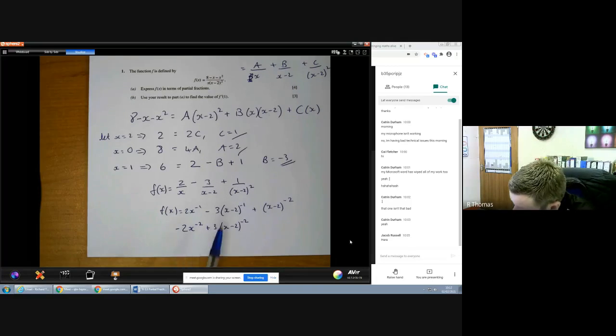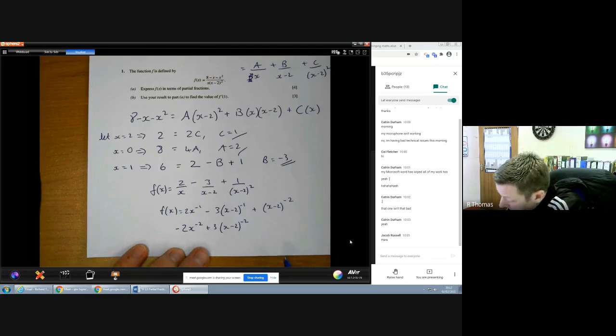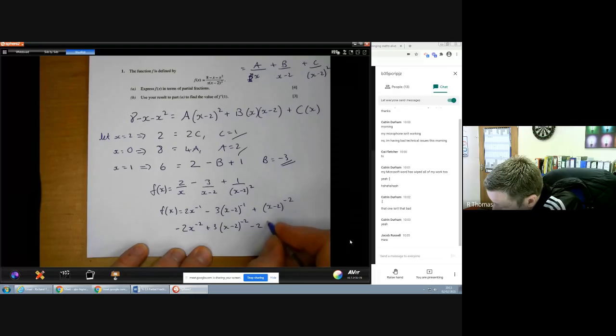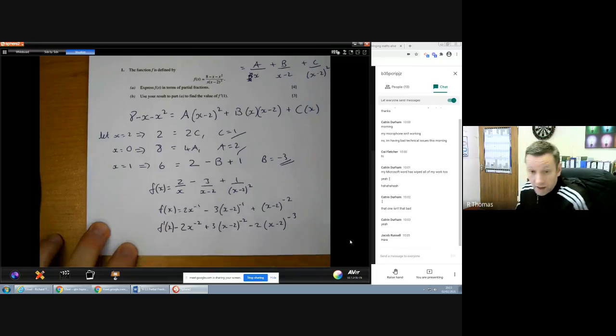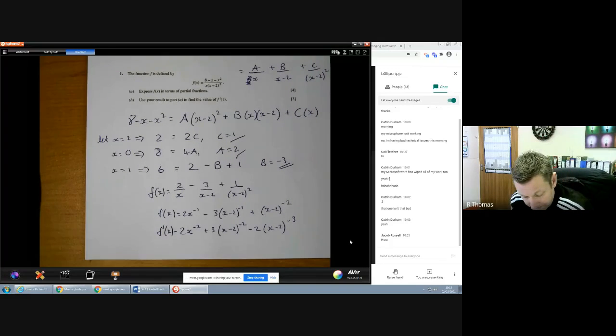Now don't forget, if there was a coefficient in front of that x, you would have to include that in the differentiation or integration part as well. They don't tend to do that, okay? And then the last one, power down, minus 2, brackets, x minus 2, reduce the power by 1 to the minus 3. So that is what we would now call f dash of x.